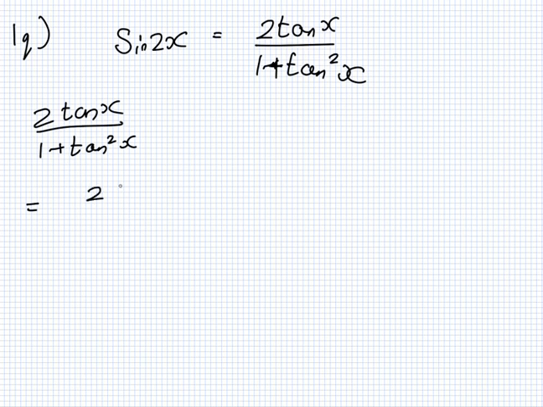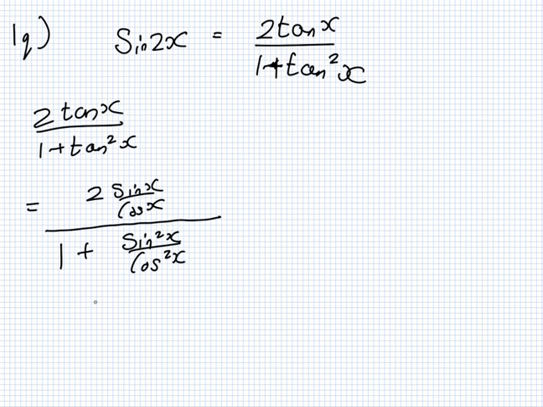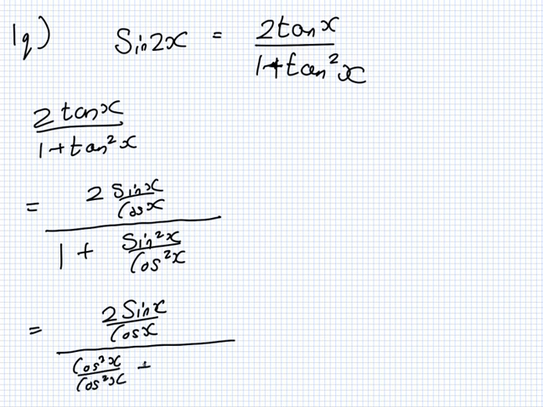That's 2 sin x over cos x all over 1 plus sin squared x over cos squared x, which is 2 sin x over cos x all over cos squared x over cos squared x plus sin squared x over cos squared x.